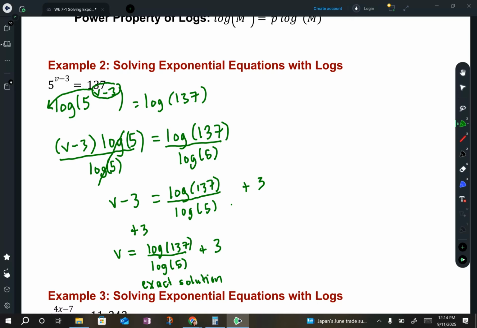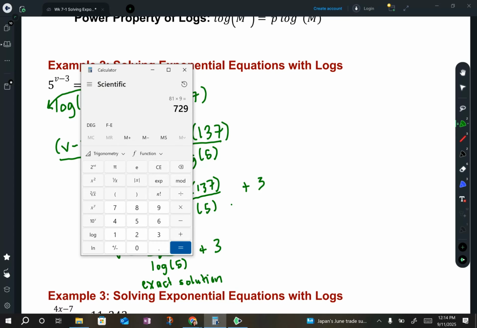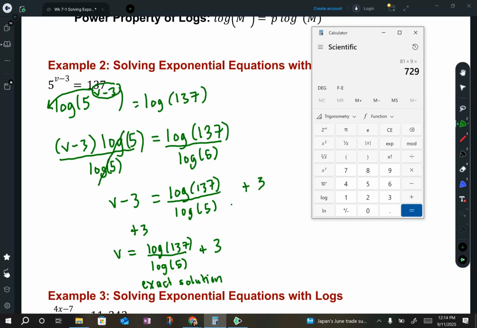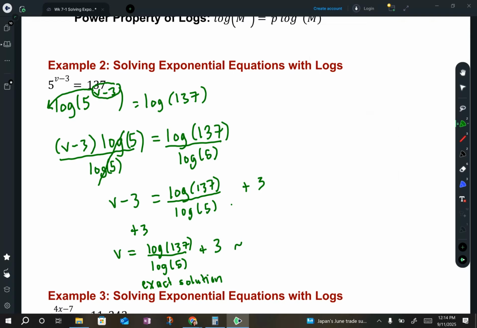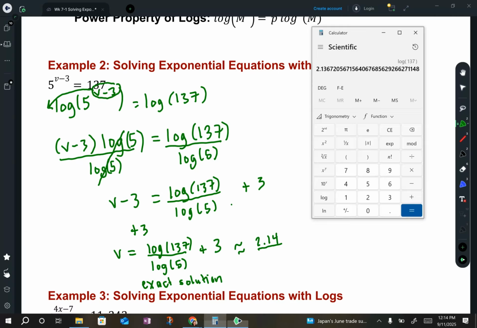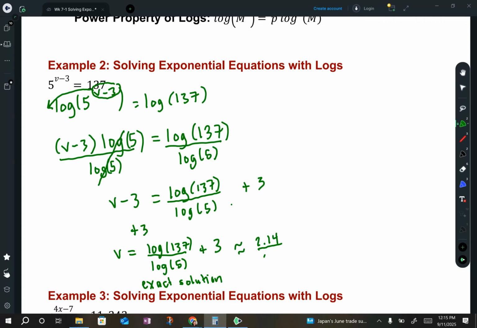If we're doing a story problem, or if they ask us to approximate, we can use our calculator to approximate this. Let's go ahead and pull our calculator up. We can do log of 137, which is about 2.14, over log of 5, which is 0.7, plus 3.